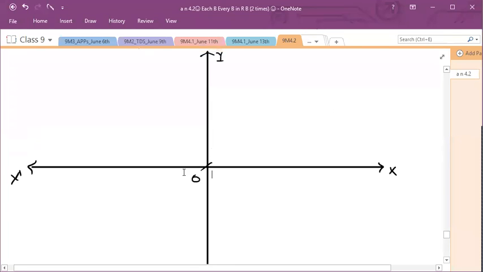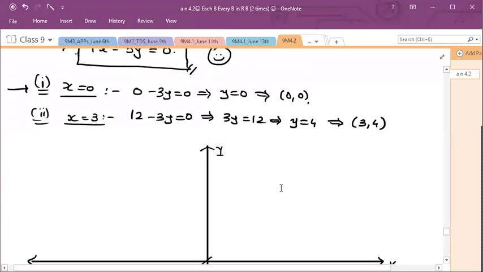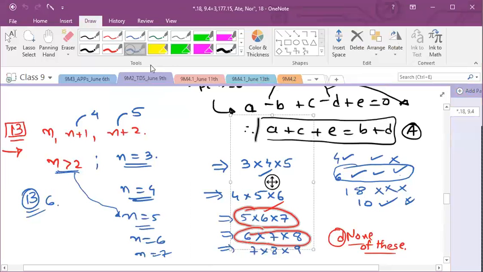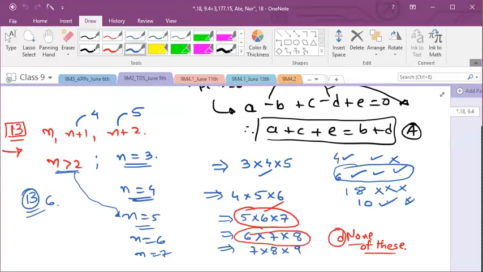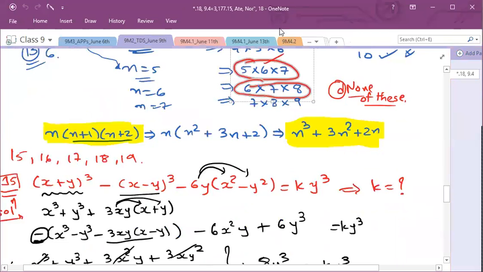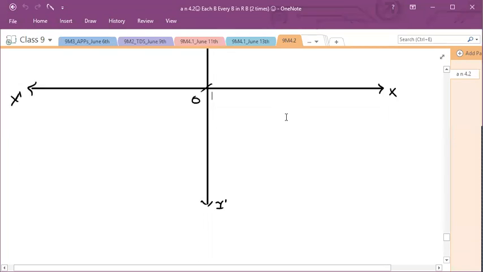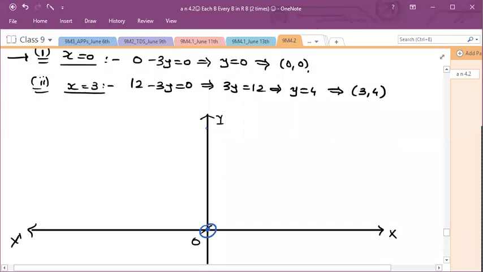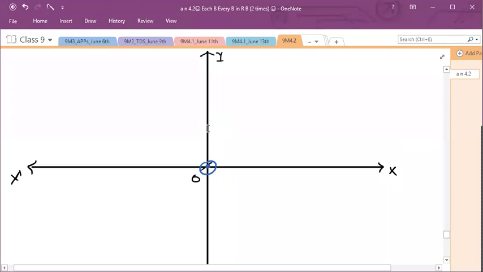Chalo, first condition, the origin 0, 0 is your first point. So let us take the first point. So this is our first point, 0, 0. Another point is 3, 4, x equal to 3, y equal to 4.